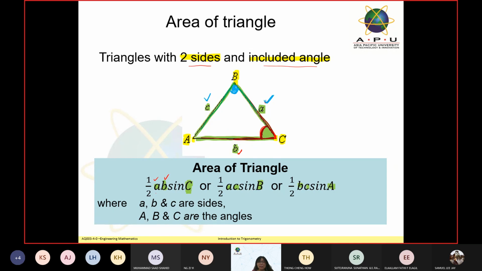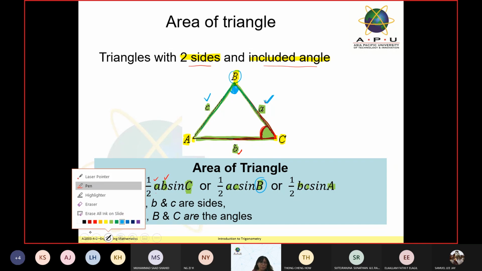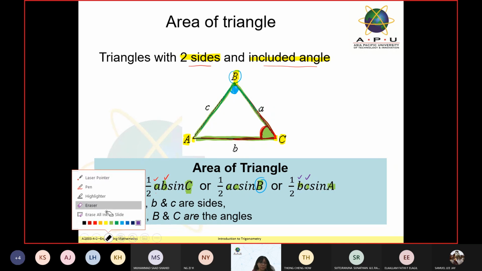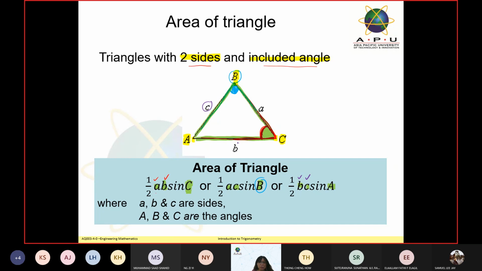The included angle will be here, so that means this is angle B. Then coming to the sides b and c, this side and this side, the included angle is here, which is A. So this is what is meant by the two sides and the included angle formula to find the area of the triangle. So you understand how we apply the formula.